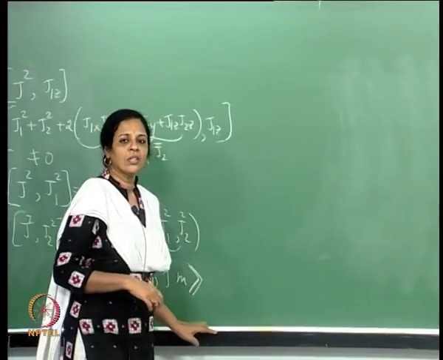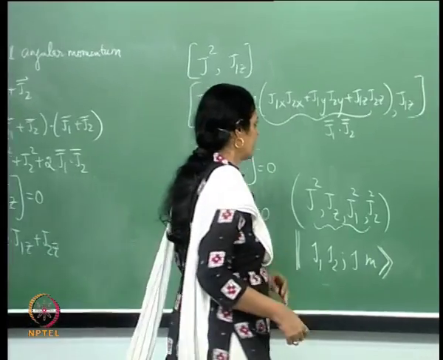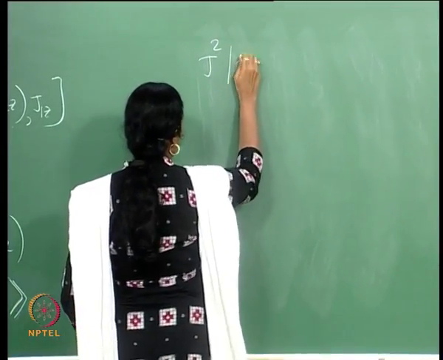So let us look at the values that j and m can take. I now have the following established.